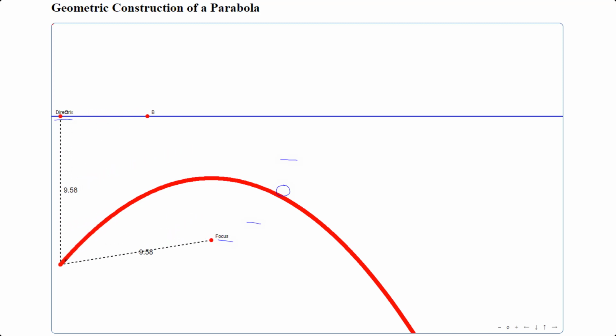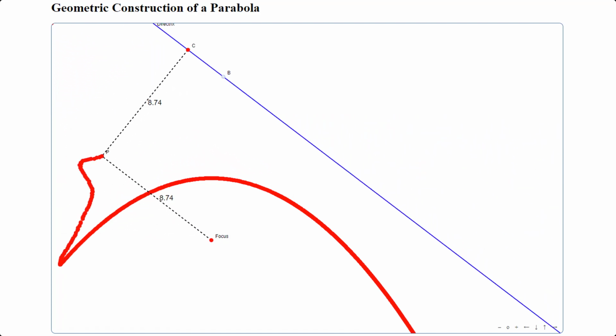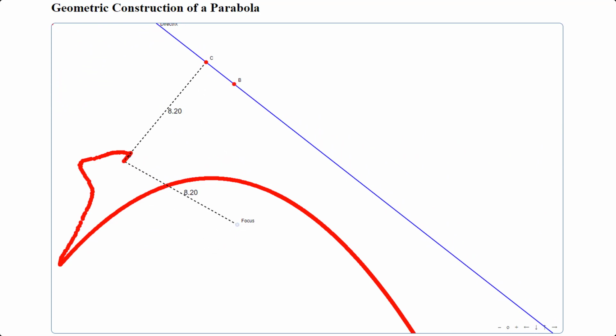If you'll notice, as I move that point, I end up with the shape that you may recognize as a parabola. Now, let's try some other values for the directrix and for the location of the focus. So let me tilt the directrix and let me move the focus closer to the directrix.